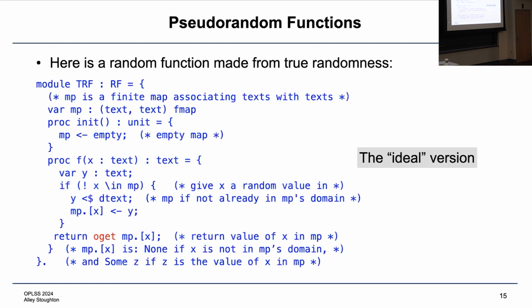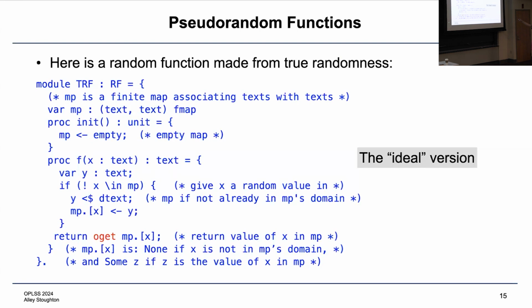The other one, though, is a dynamically created random map. So initially, we have a map from text to text, a finite map. Initially, we make it empty. Each time F is called with X, if it's already known by the map, then we just look up the value that the map gives X and return that.